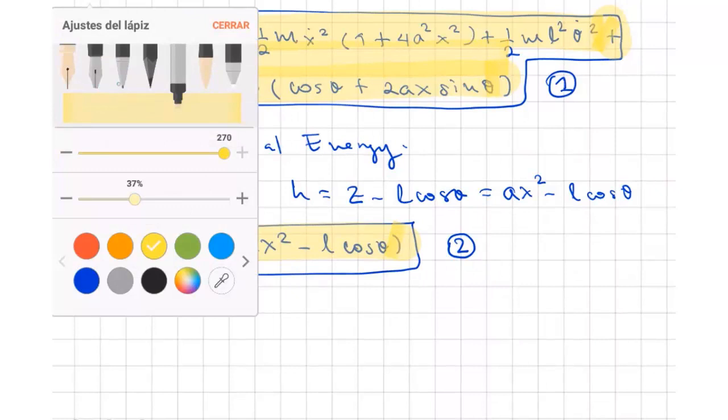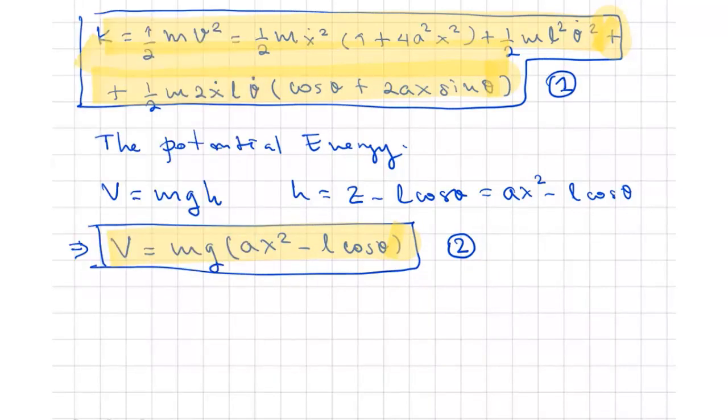We know that the Lagrangian is given by L is equal to the kinetic energy minus the potential energy.